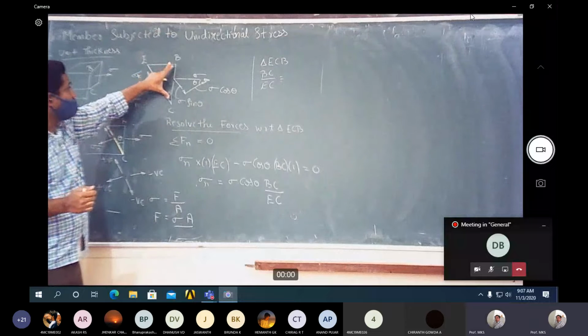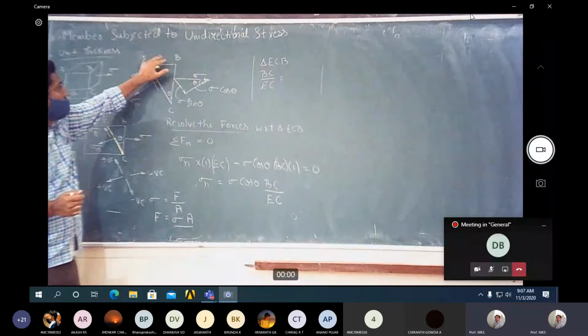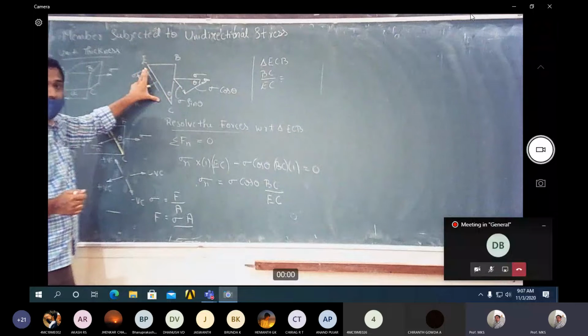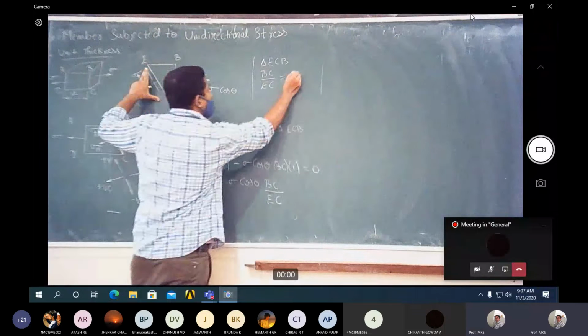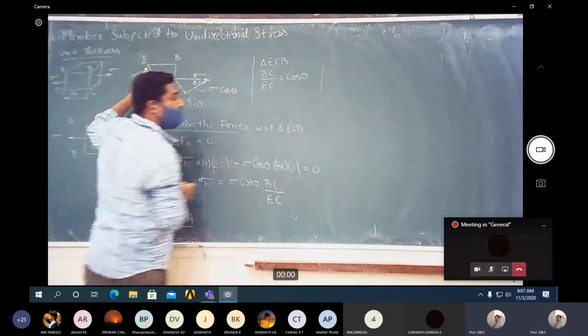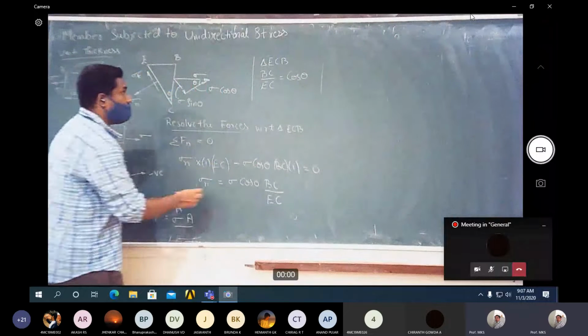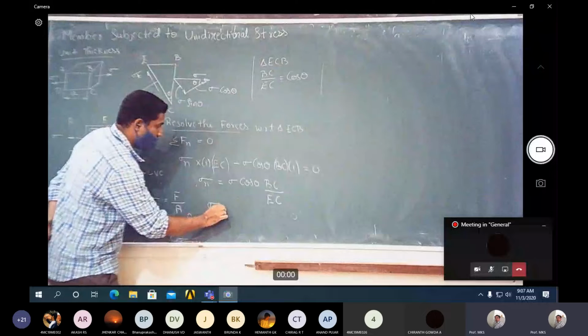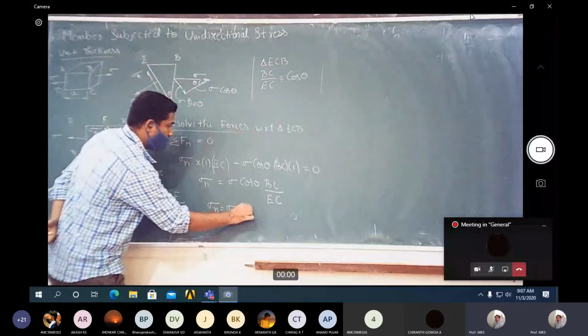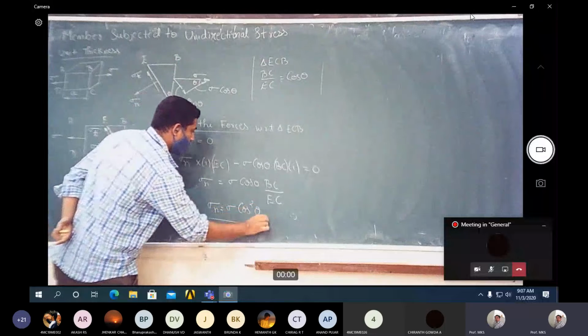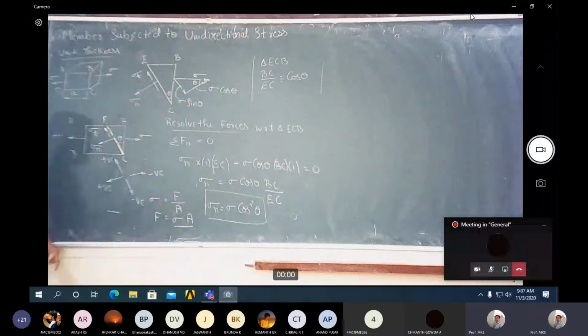This BC is adjacent; this is theta, EB is opposite, and BC is adjacent to the hypotenuse. It is cos theta, right? So BC by EC is cos theta from the triangle. Substitute that. Therefore, sigma n is equal to sigma into cos square theta. This is the normal stress equation for unidirectional direct stress.